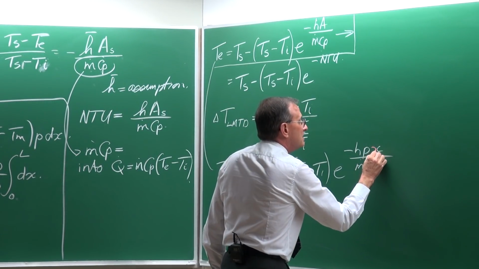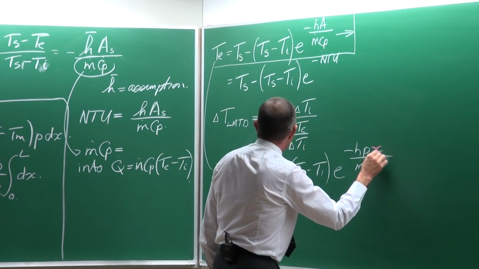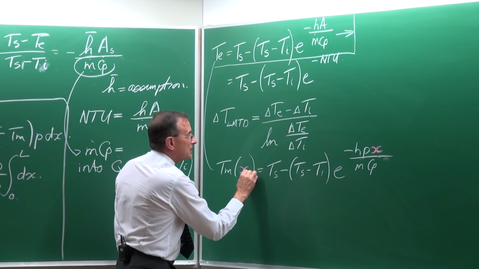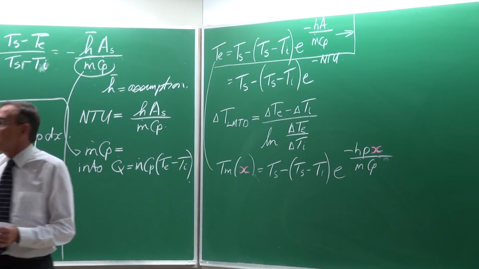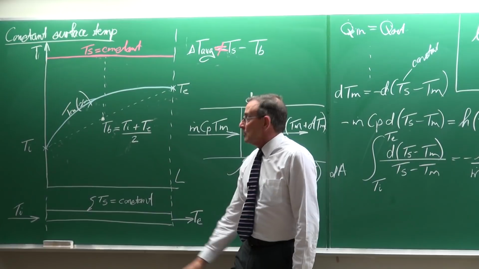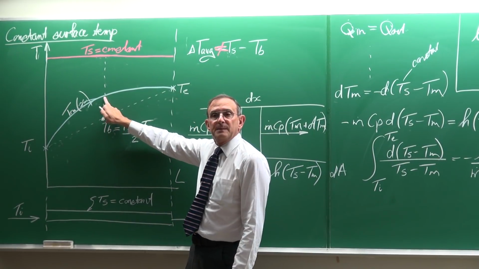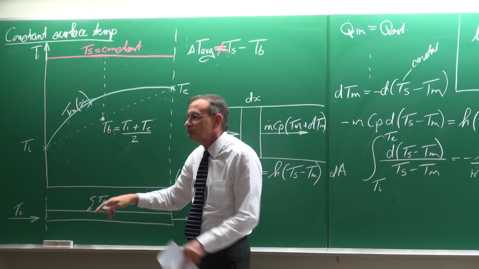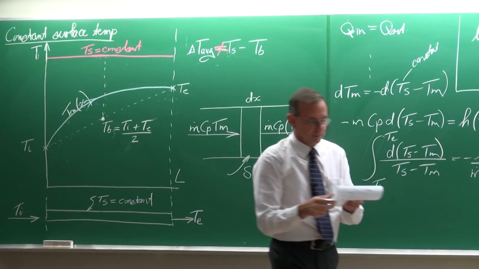So here we can see the equation, which is not in your textbook, written as a function of x. For any point you can calculate the temperature, which means you can actually calculate the temperature in the center of the tube.